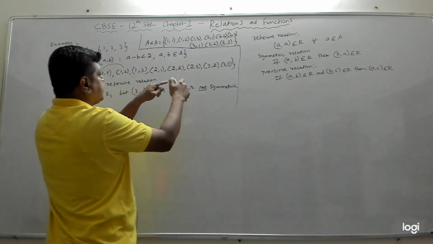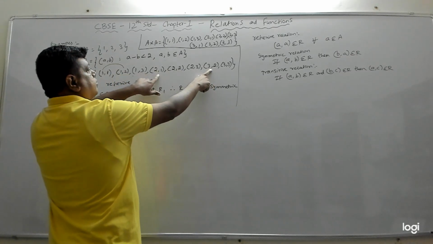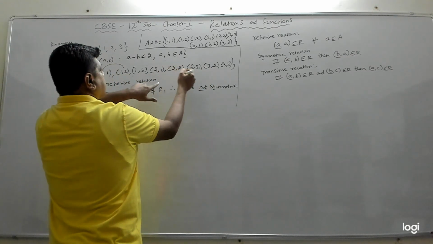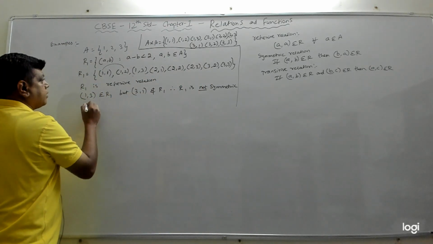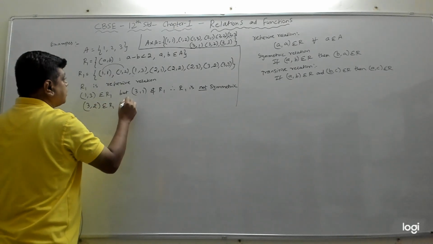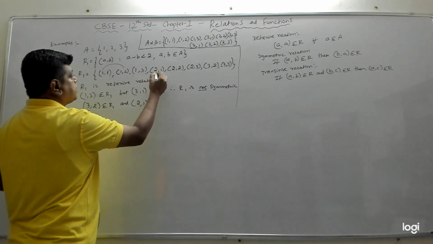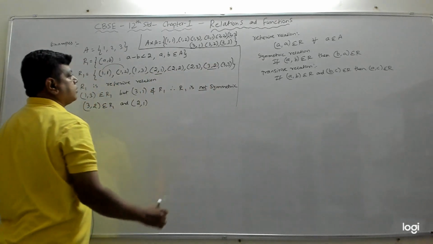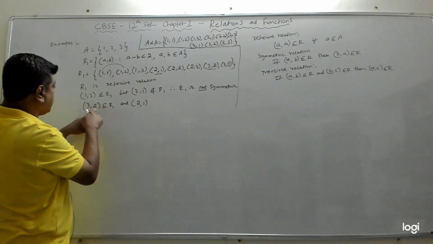Every pair. Now let's take these two. Let's take 3 comma 2 and 2 comma 1. Right? 3 comma 2 and 2 comma 1. So we'll say 3 comma 2 belongs to R1 and 2 comma 1, which is this and this. I'm taking 3 comma 2 in R1, and then I should choose an element which is starting with 2.